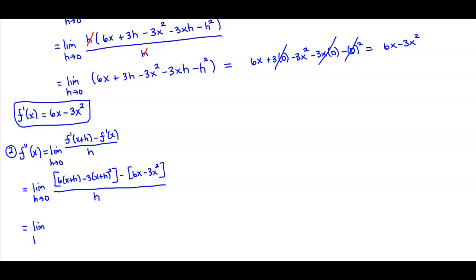So now we have the limit as h approaches 0. So if we distribute the 6, we have 6x plus 6h minus 3 times x squared plus 2xh plus h squared. And then distributing this sign gives us minus 6x plus 3x squared all over h.